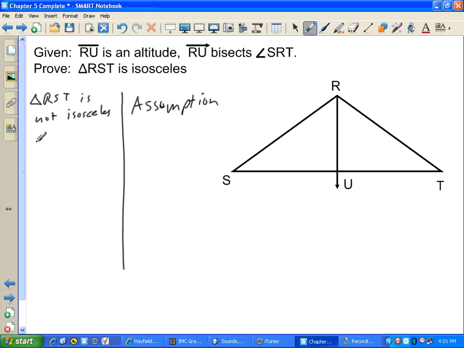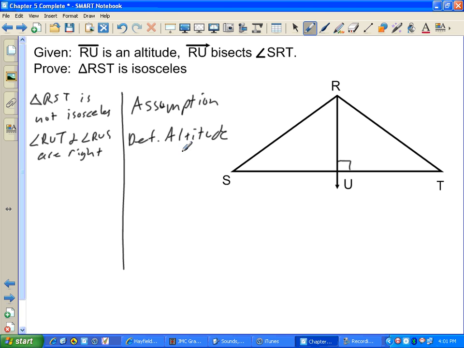So let's put our given information on here. RU is an altitude. So if this is an altitude, I know that it's going to make a right angle here. So I'm going to say angle RUT and angle RUS are right. That's the definition of an altitude.